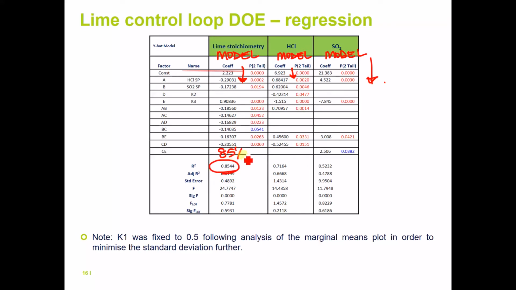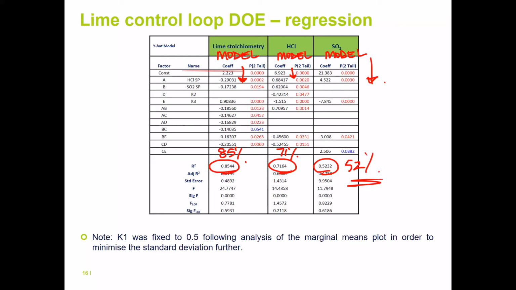The way to read this, 85% of the movement in the data was caused by those 5 dials. When you look at the HCl, 71% of the movement in the data was caused by those 5 dials. And finally, 52%, not as good, but you've still got a good level of control over the SO2 there. These models are pretty good.